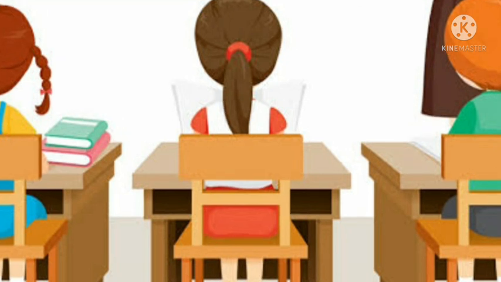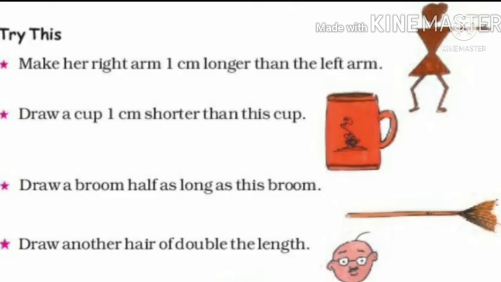Now let's see one more activity. In this activity, you have to make changes on the pictures according to the instruction. The first one, make her right arm 1 centimeter longer than the left arm. The length of her left arm is 1.3 centimeter. So we have to draw 2.3 centimeter to make her right arm.